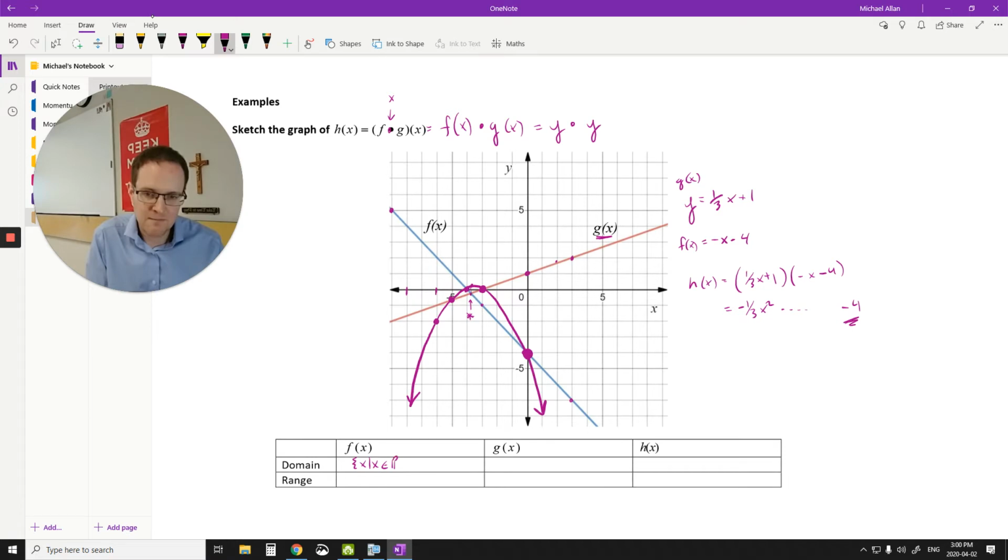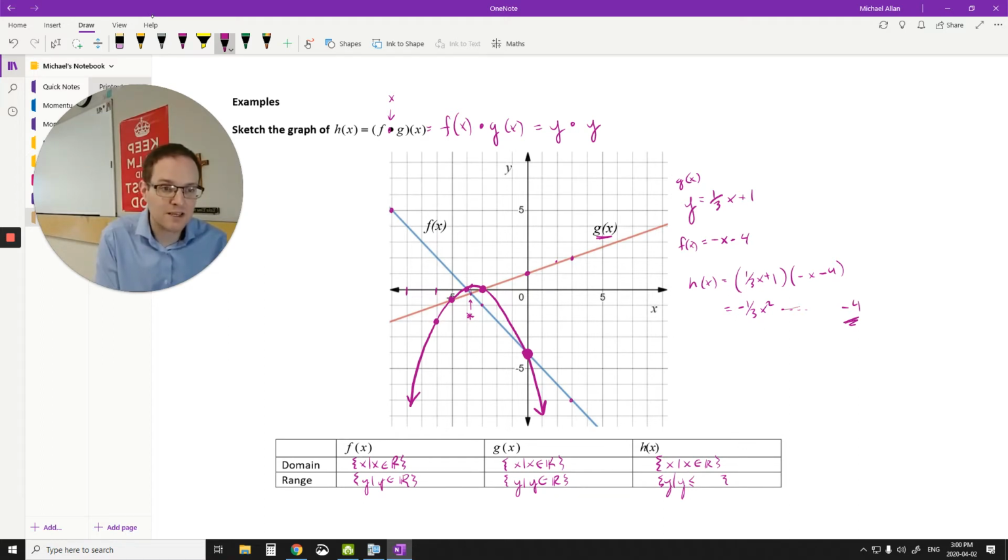This is x ∈ R. Domain of this graph is x ∈ R, which also means the domain of my new graph is also x ∈ R. My range is y ∈ R, which is a linear line. And my range here is going to be y ∈ R as well, which is a linear line. But my range for this graph is not going to be y ∈ R. It's going to be some value y less than that value.